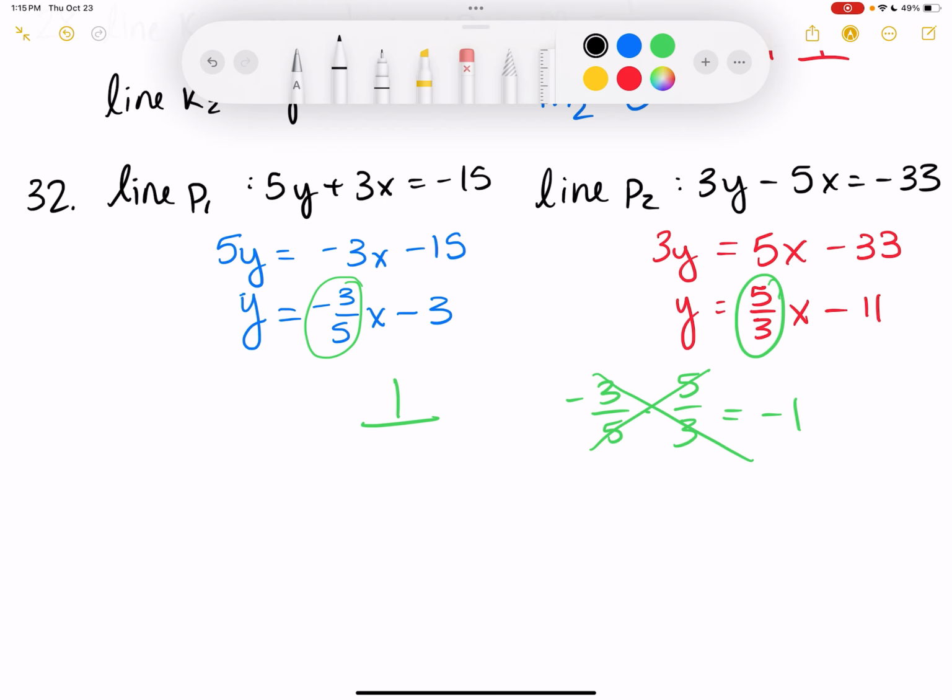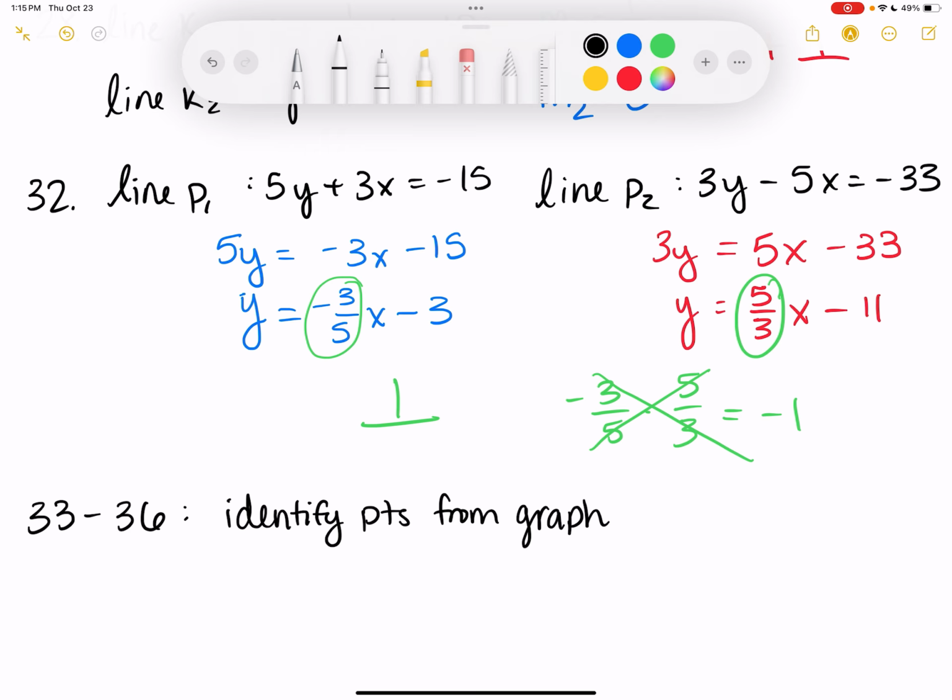All right, in 33 through 36, we're not going to do all of them, obviously, but 33 through 36, we're going to identify the points on the graph, because they don't tell us what the points are, so you're going to have to figure out what the points are at each of the letters.